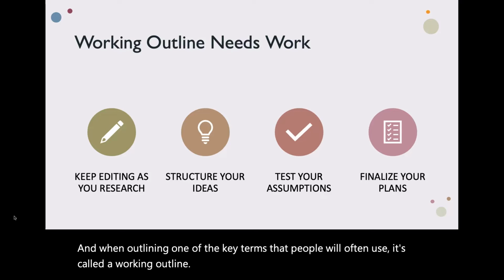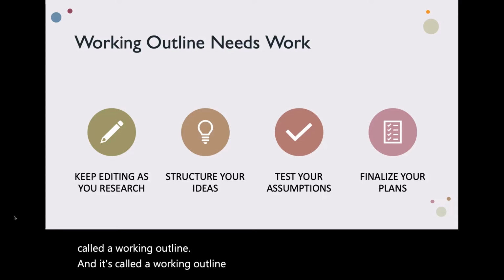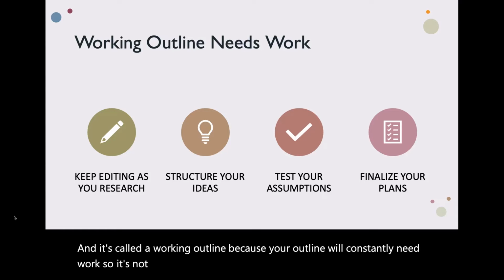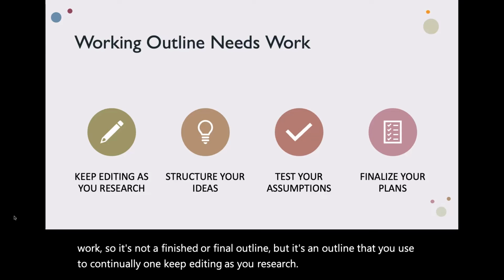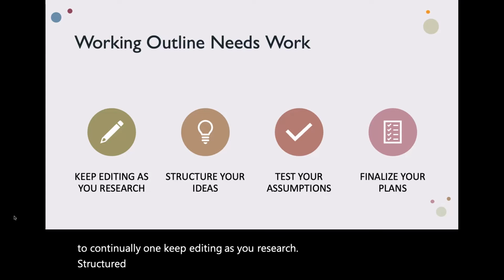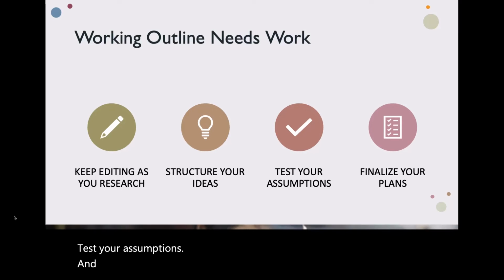It's called a working outline because your outline will constantly need work. So it's not a finished or final outline, but it's an outline that you use to continually, one, keep editing as you research; two, structure your ideas; three, test your assumptions; and four, finalize your plans.